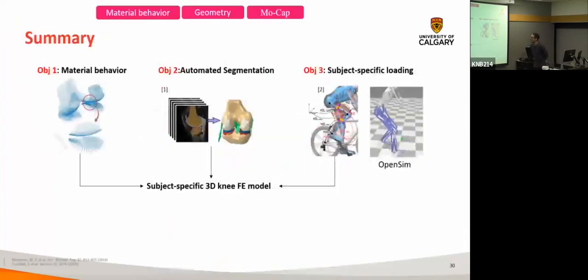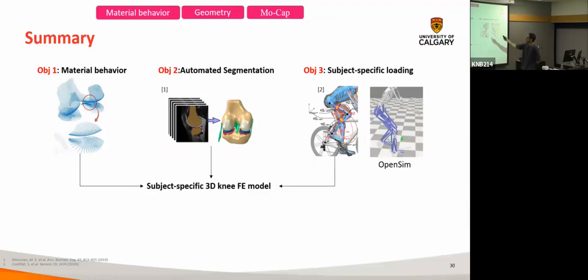All in all, we introduced 3 steps. In material behavior, we had a fiber reinforced biphasic model, and that model from Salvatore, we just adapted to the 3D model.